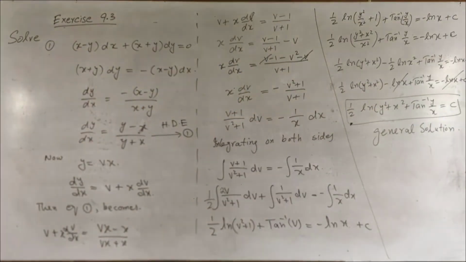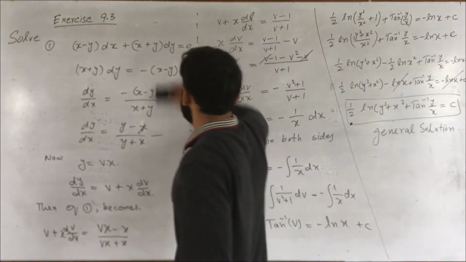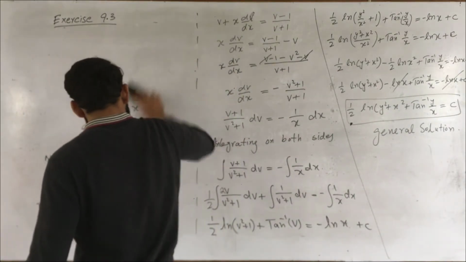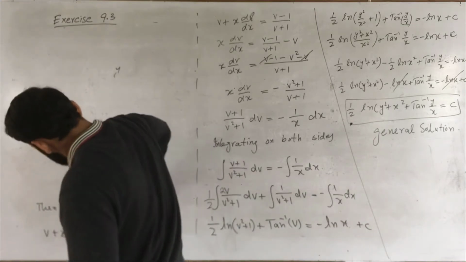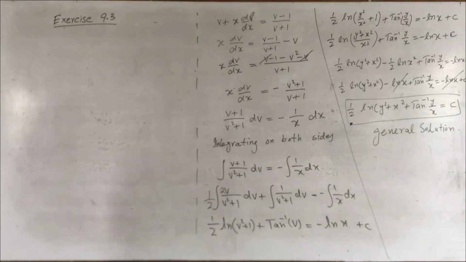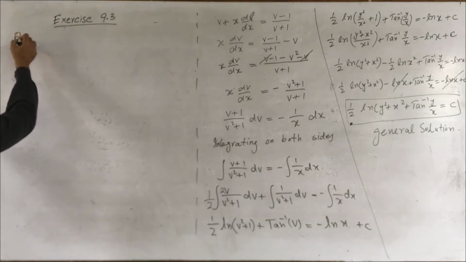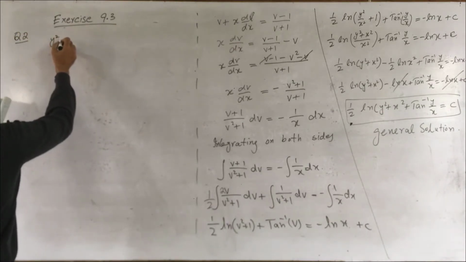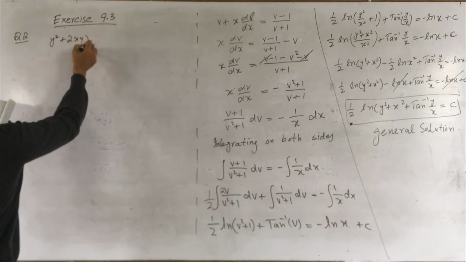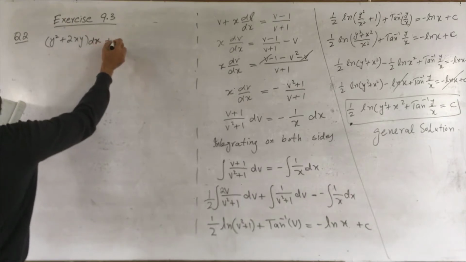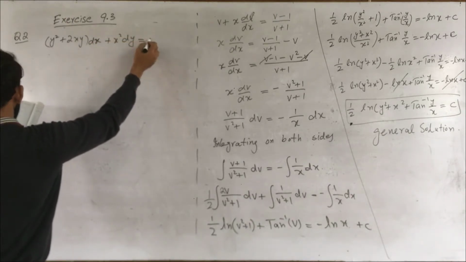Now let's start question number 2, which is (y square plus 2xy) dy dx plus x square dy is equal to 0.